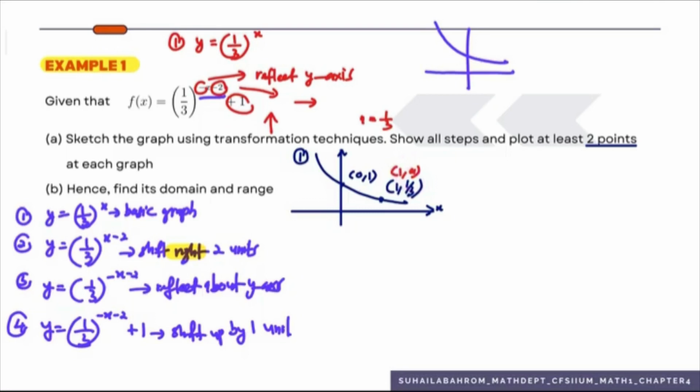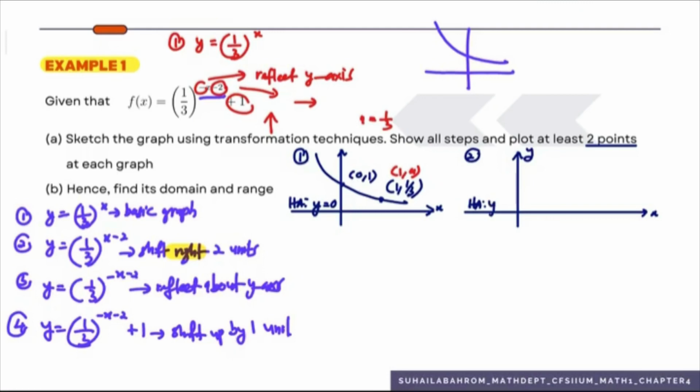Okay, the next one refers to the shift to the right. Please take note that originally we have the horizontal asymptote on the line y is equivalent to 0. Since the graph will shift to the right 2 units, we will have something like this, x, y. There is no change on the horizontal asymptote because there is no change in the values of y.